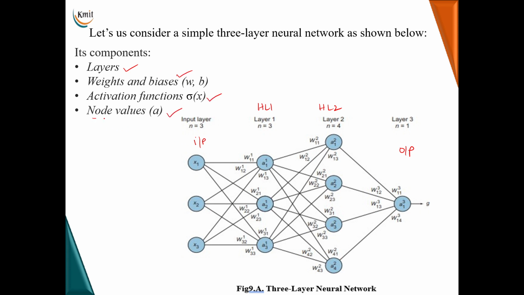Node values are nothing but neuron values. Now let me consider the input with the first hidden layer and try to calculate the outputs of A11, A21 and A31. Here the superscript 1 represents the first layer, 2 represents the second layer, and 3 represents the third layer.